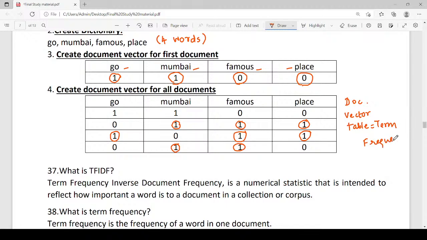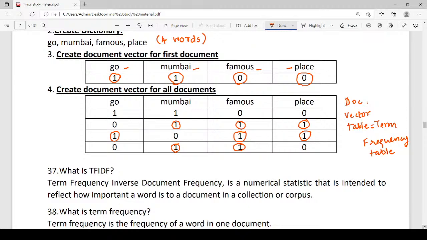Please keep this in mind, because you may be asked to implement the TF-IDF for certain given documents. So remember, the document vector table is the base, which is the term frequency table. Okay, now term frequency is the frequency of a word in the document. Now the next question to you all is, what is document frequency?